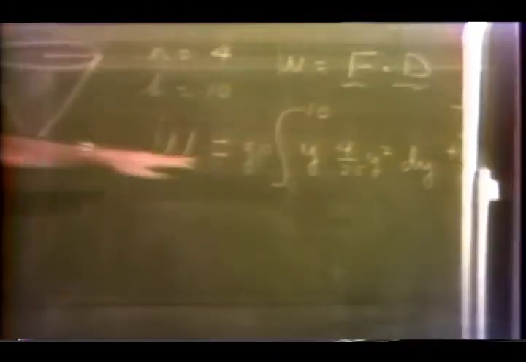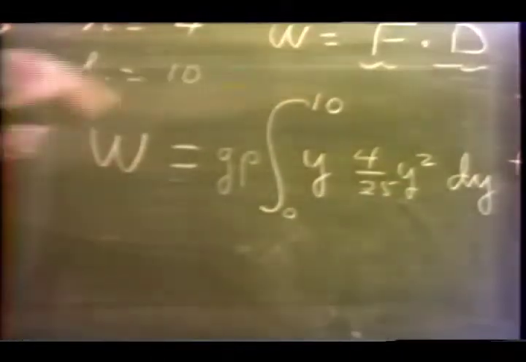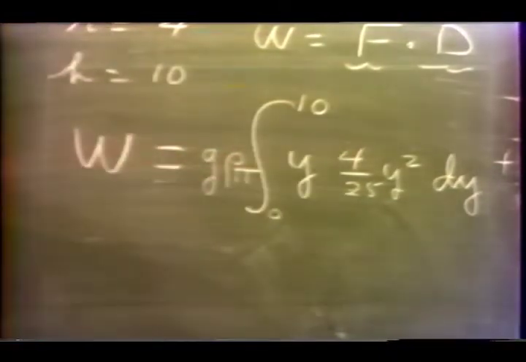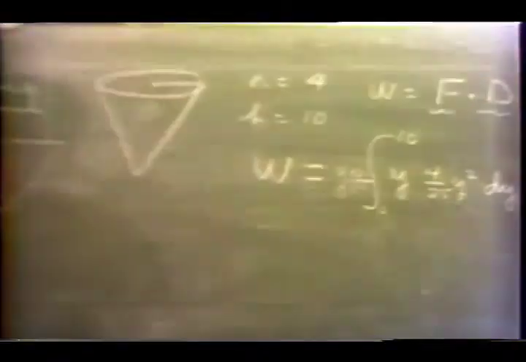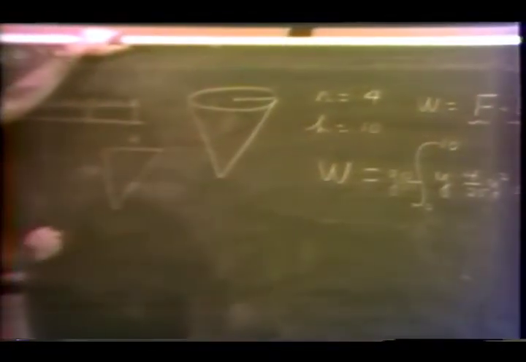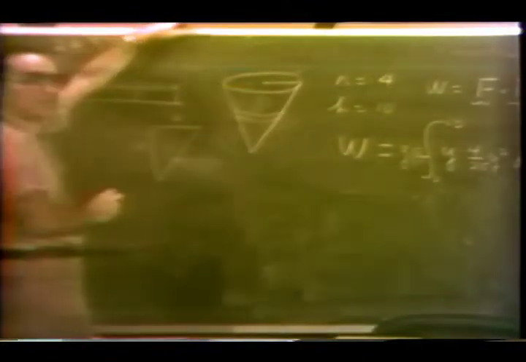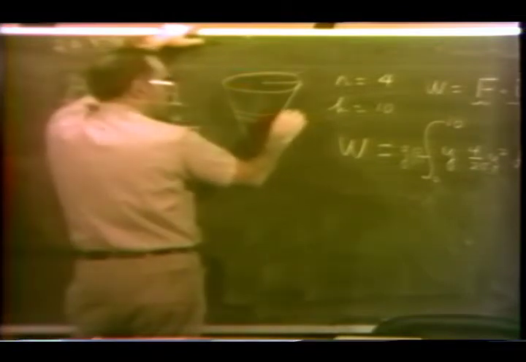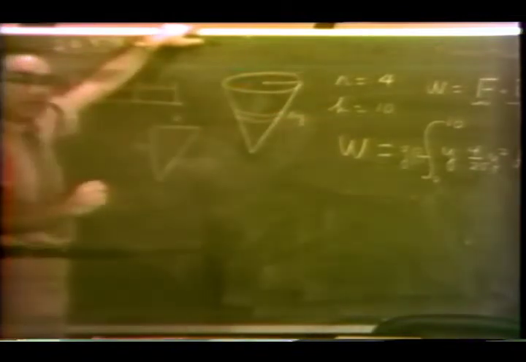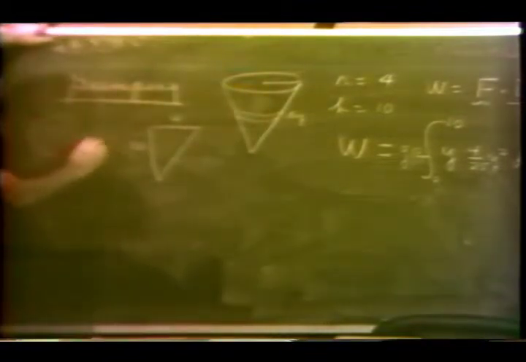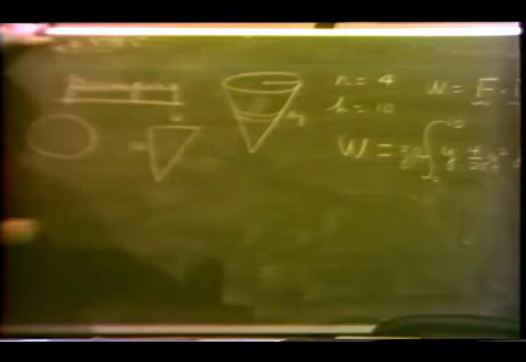Now, the question is, where does all this come in relative to force and distance? There's also pi out front. First of all, if you look at this thing and take the cross section, you have 4 and 10. Then if you take a representative slice of volume out of there, using dy as the thickness, you've got a circle.